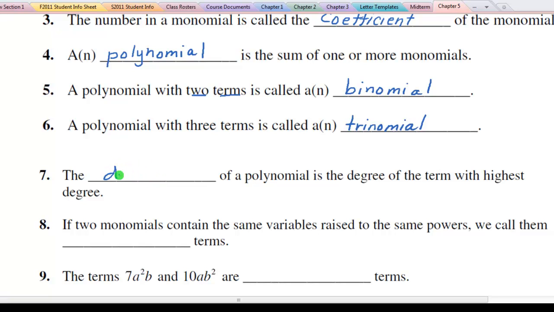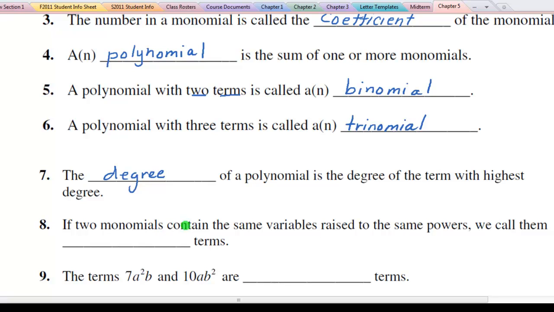The degree of a polynomial is the degree of the term with the highest degree. So you're going to look at all the terms in the polynomial, find the degree of each term, and whichever one has the highest, that is the degree of the entire polynomial.